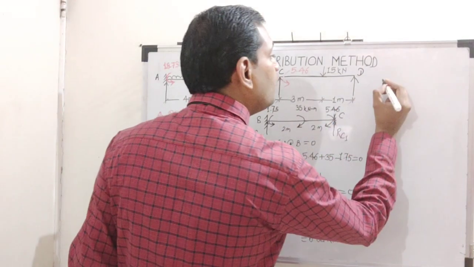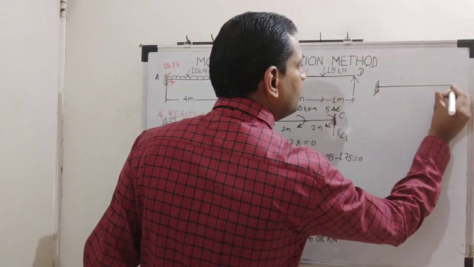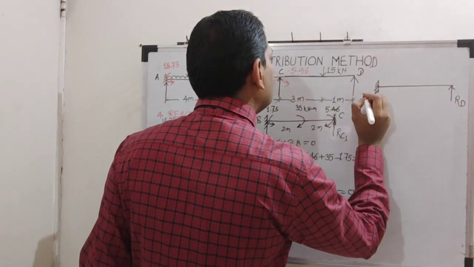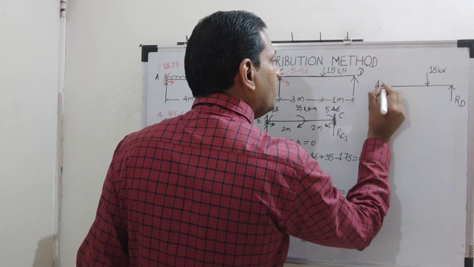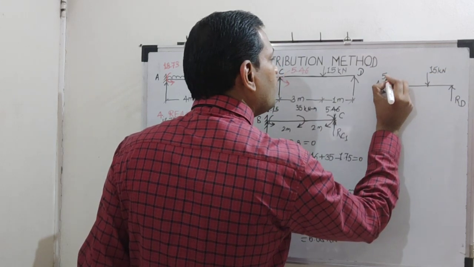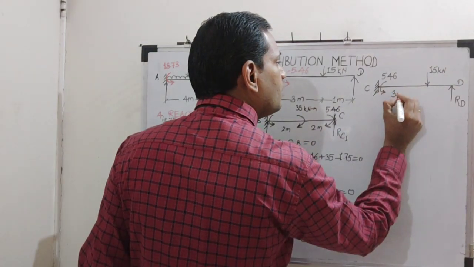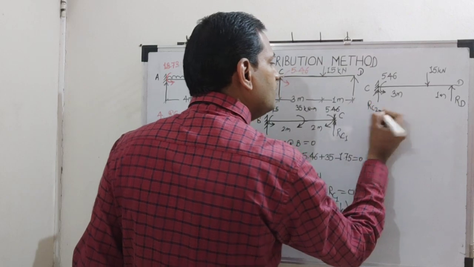So go to the third free body diagram. This is RD, a 15 kilonewton load, then an anti-clockwise 5.46 moment. This is 3 meter, this is 1 meter, this will be RC2.